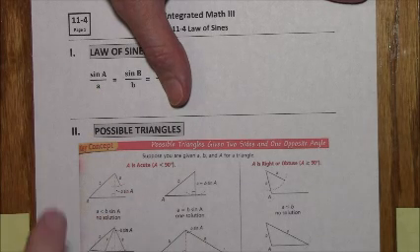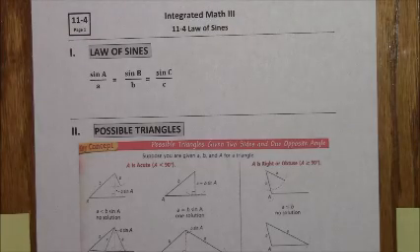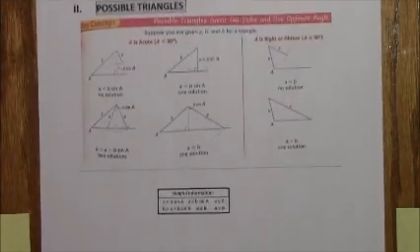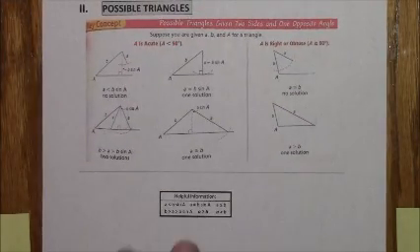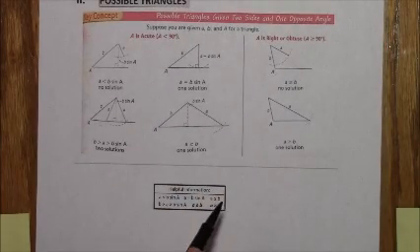You'll see as we work it out on a couple of these other problems coming up here. Okay, so this is what we need to look at with the types of triangles that we can solve.